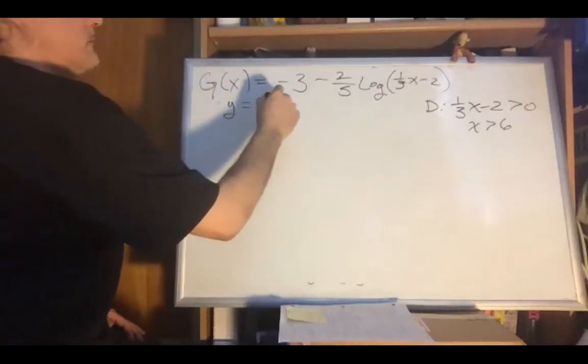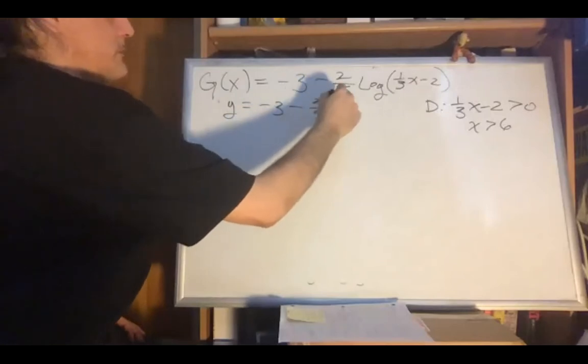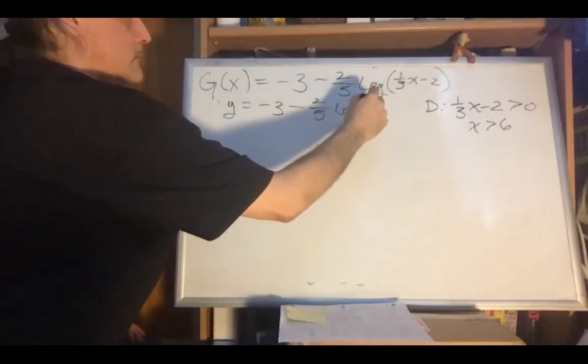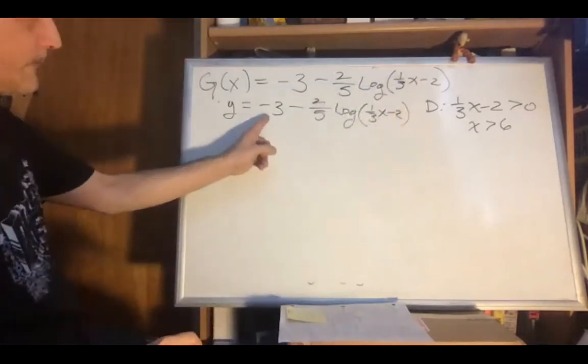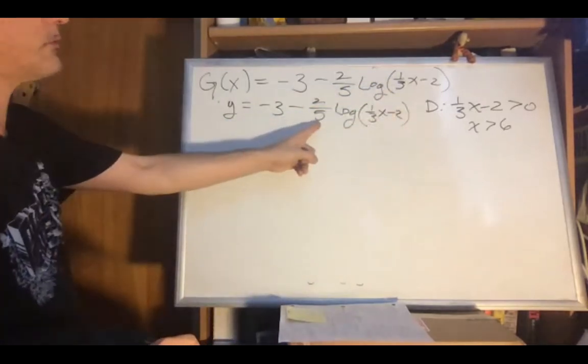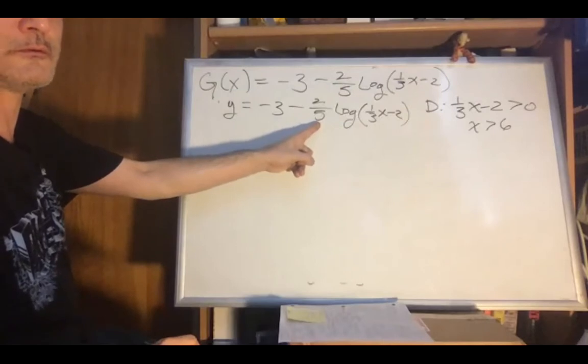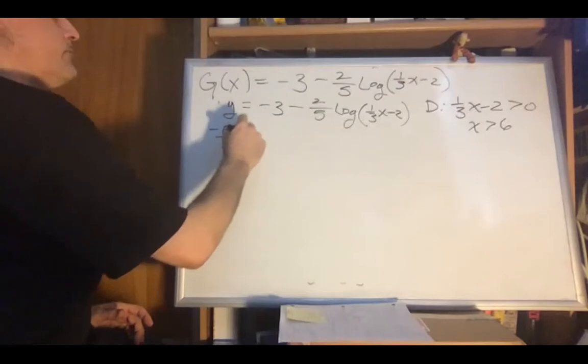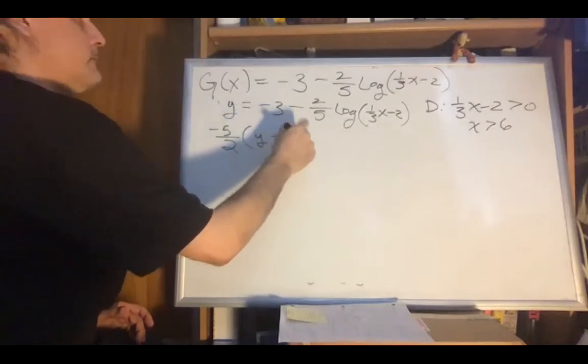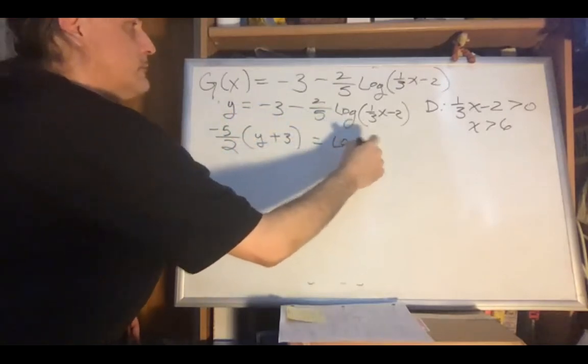We're going to go ahead and find the inverse function. All right, so I'm going to add 3, and then I'm going to multiply the reciprocal. All right, so this should become -5/2y plus 3 equals to this log.